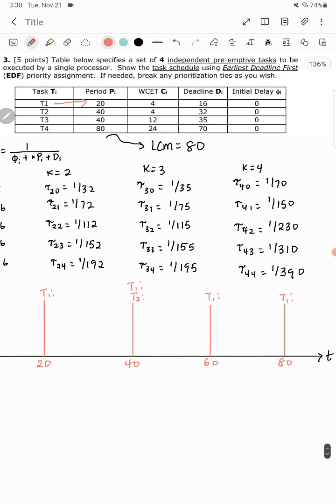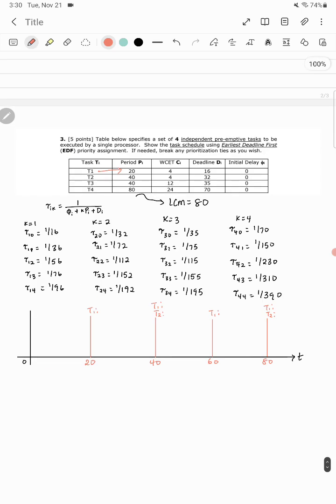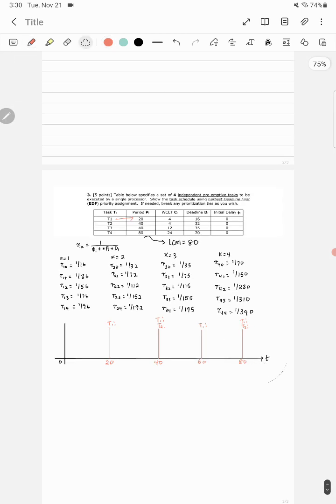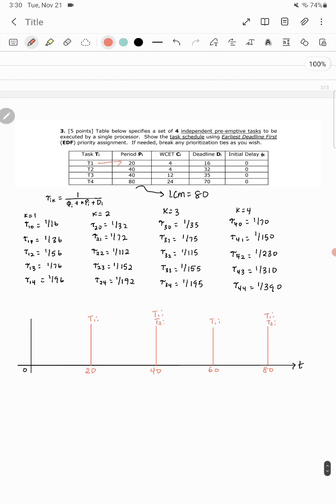So T2 at 40, at 80, you have T1 and you have T2. So this is what your diagram should be looking like so far.